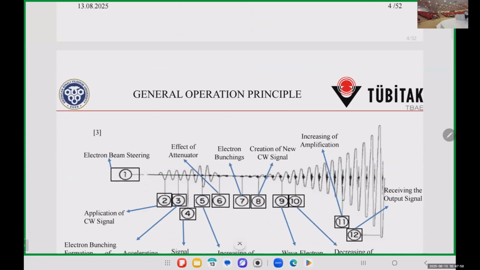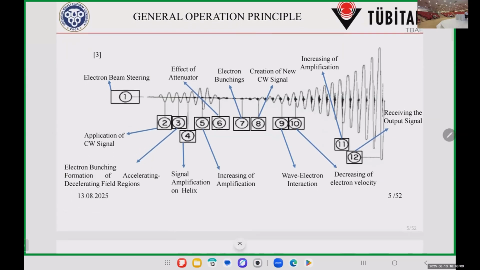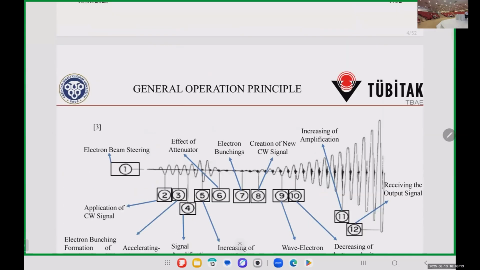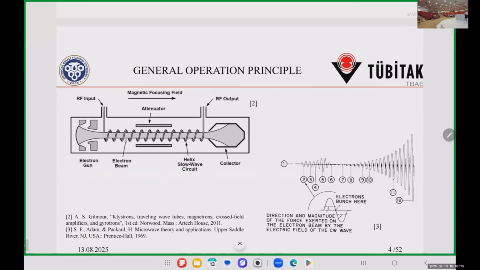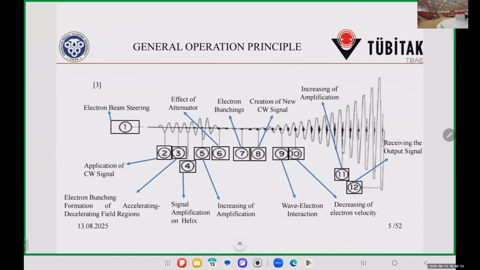How can we say the signal is amplified in the TWT? We can say step by step. You can think of this TWT from electron gun to collector, and we can think of these numbers.